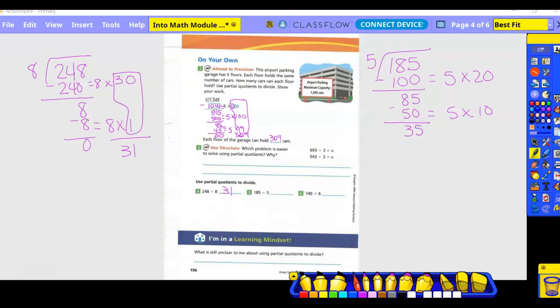That leaves me what? 35. Okay. And then I can take 5 times what to get me close to 35 without going over? 7. Because 5 times 7 is 35. And I have nothing left over. So then I come over here and I add these together. And what do I get? 37. So 37 is my answer.